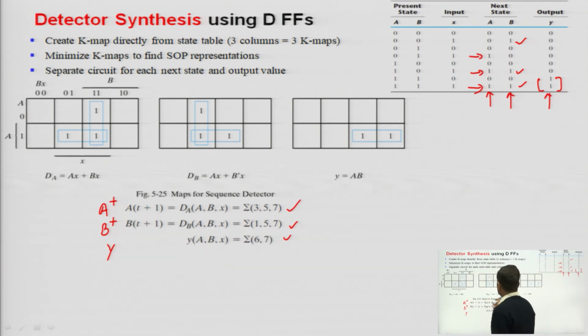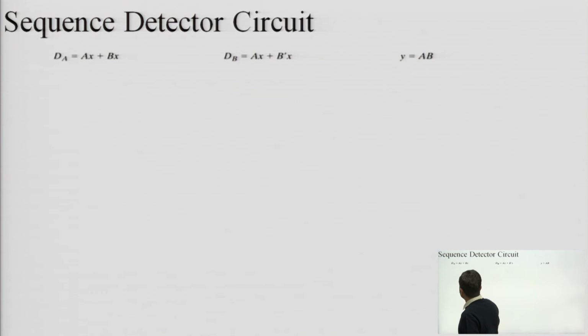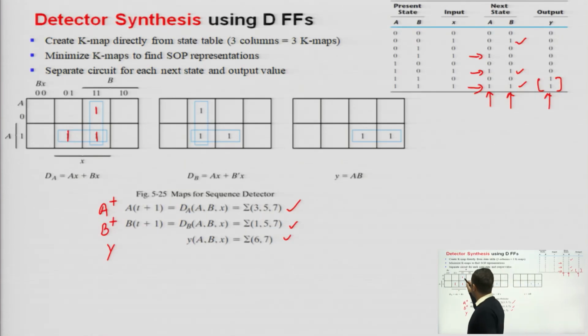So for A plus, 3 5 7 are fed into this K map. So this is 3, this is 5 and this is 7. There is a pair here, and there is a pair here and one pair here.